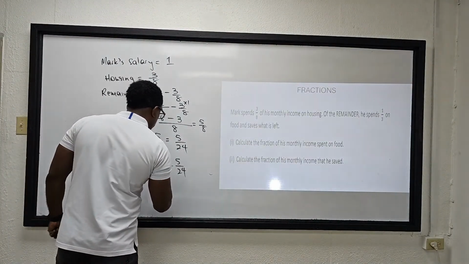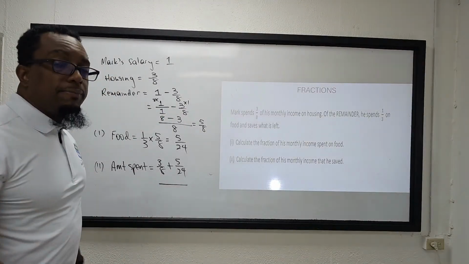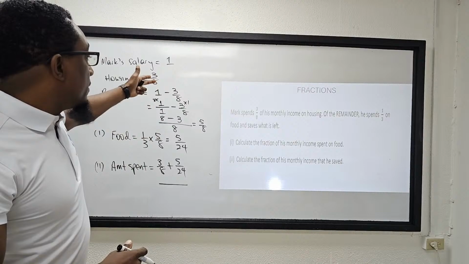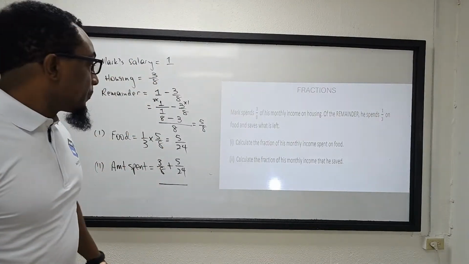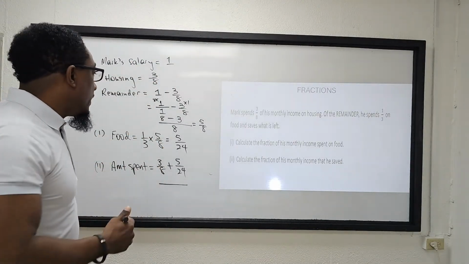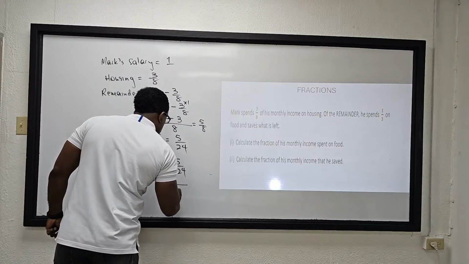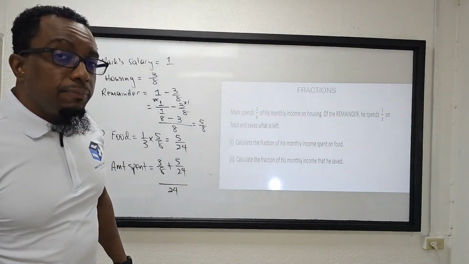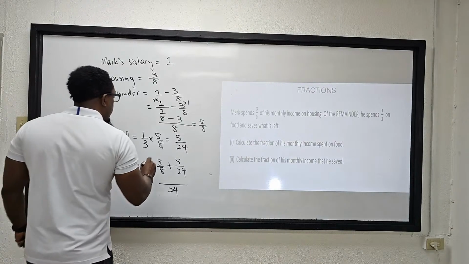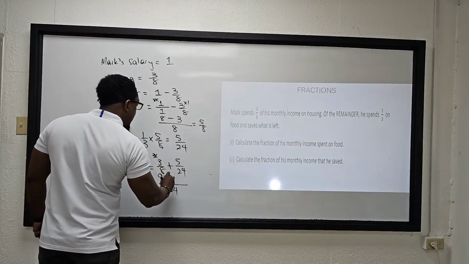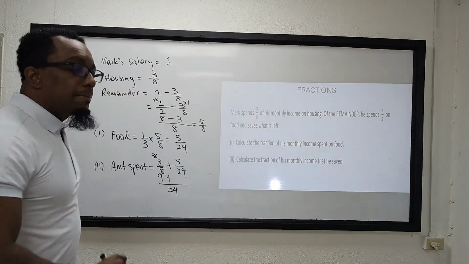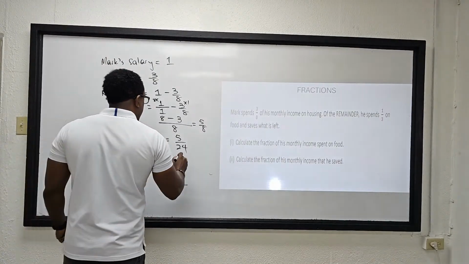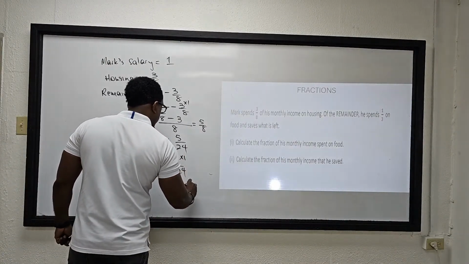Let's add these two. So when we're adding fractions, we're testing your knowledge of fractions again. Then we added, we multiplied, we subtracted. Testing our knowledge, we're adding: the LCM of 8 and 24 is 24. So dividing 8 into 24 will give me 3. And 3 by 3 will give me 9. Plus, dividing 24 into 24 is 1. 1 by 5 will give me 5.